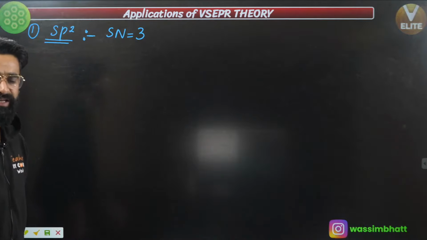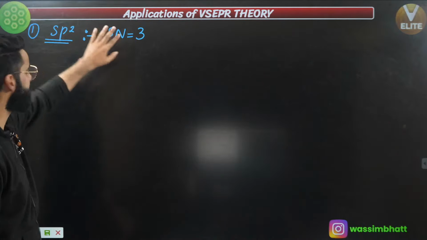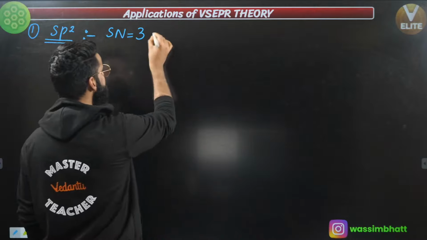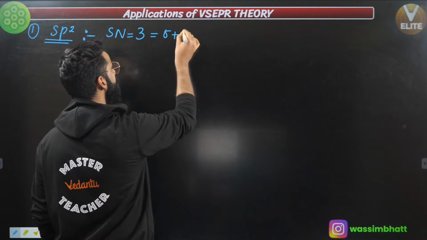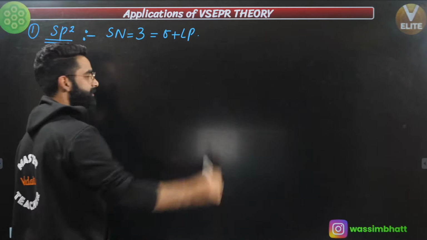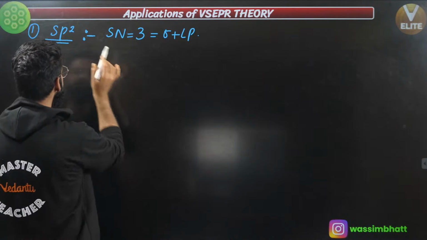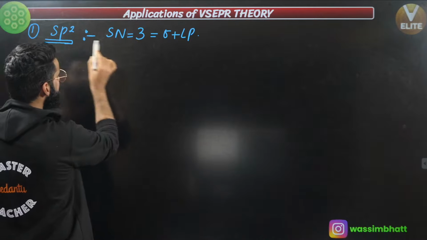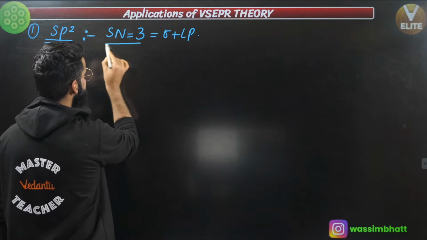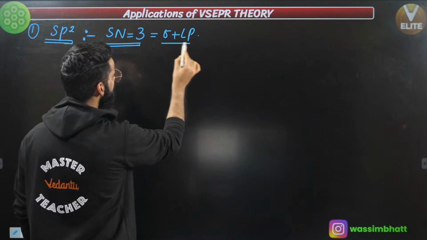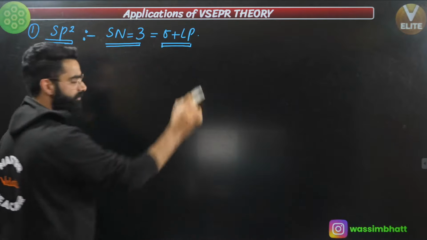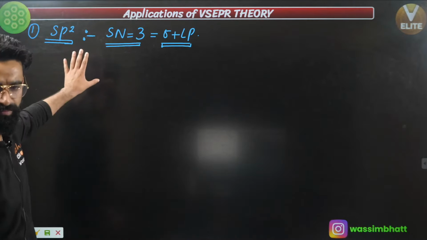Hybridization sp2 means steric number is equal to 3, 2 plus 1, 3, right? Steric number 3 means sigma bonds plus lone pairs is equal to 3, correct? When is that possible? When the steric number is equal to 3, when sigma bonds plus lone pairs is equal to 3, correct? This is my case number 1.